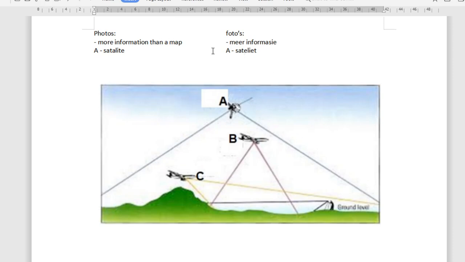Okay, so a satellite photo gives us a wide area, and it's vertical, which means there's a 90-degree angle between the camera and the earth. So it's vertical. And we can't see the horizon. So here it would continue straight up to the earth. We can't see the horizon. Okay. Geen horizon.